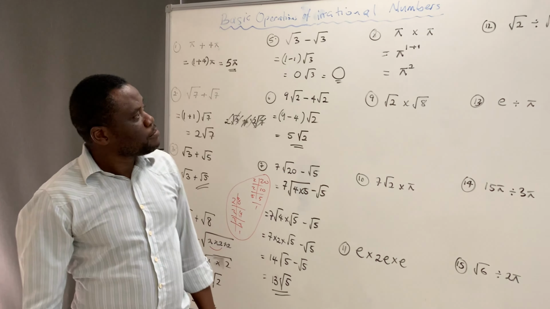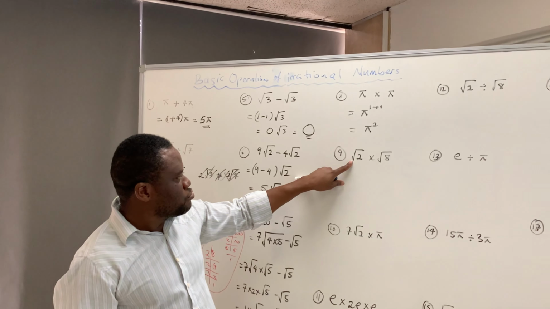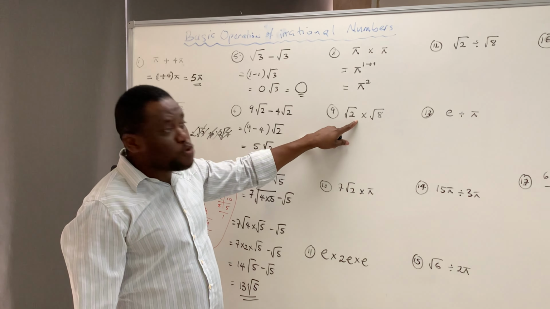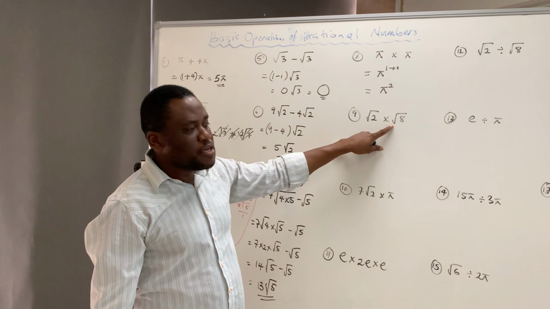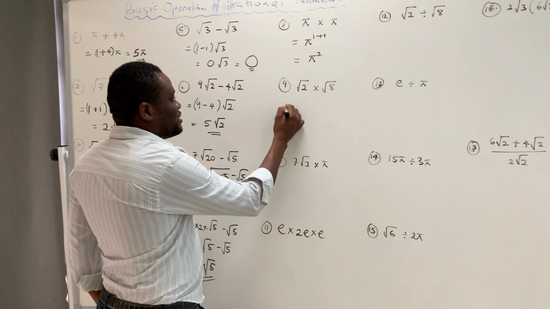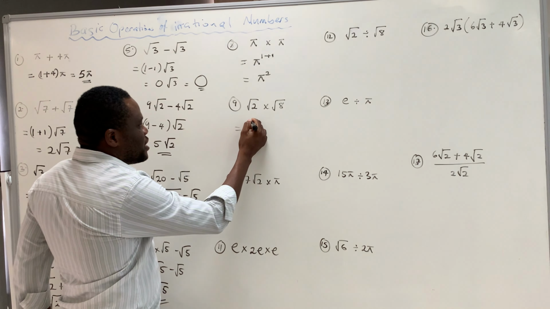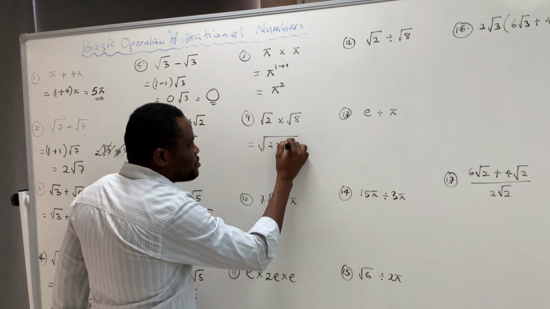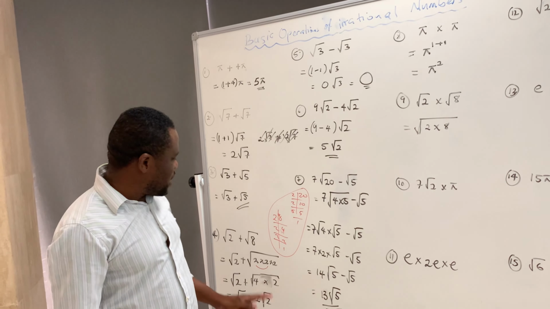Now this place. This is multiplication. Since this is root, square root. If it's cube root, it doesn't work. But this is square root. Since this is square root, you can put them in one. That is the power this guy has over this. So you can say the root of 2 times 8. That is the power. But this guy cannot do this.